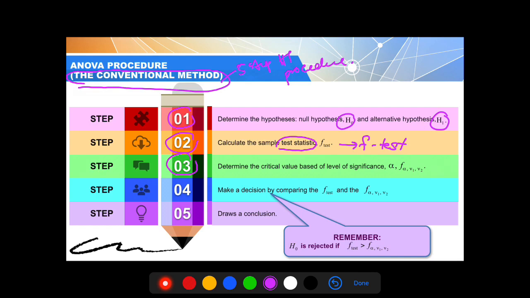Step number 3, we will determine the critical value. Step number 4, we make a decision by comparing F test and F critical value. If F test is greater than F critical value, you have to reject H null. And step number 5, draw your conclusion.